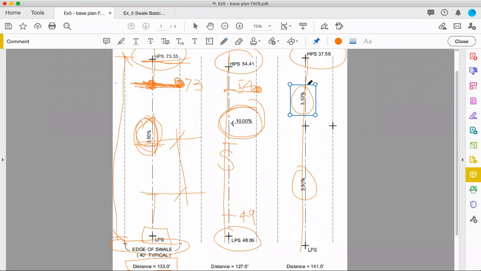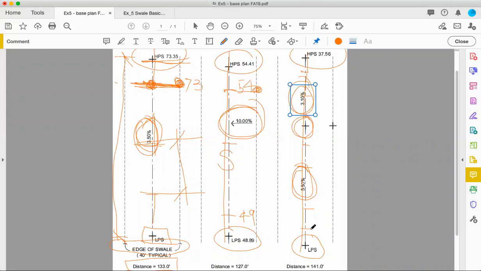So using the 3.10 centerline slope here, you'll be able to calculate that spot. And using this middle spot and the 5.50% centerline slope for the second segment, you'll be able to calculate the LPS, right? And then you use the same procedure to locate the whole number contours among these different points.